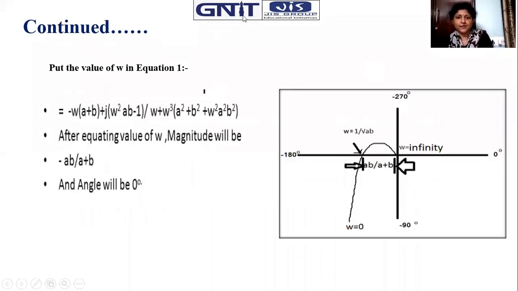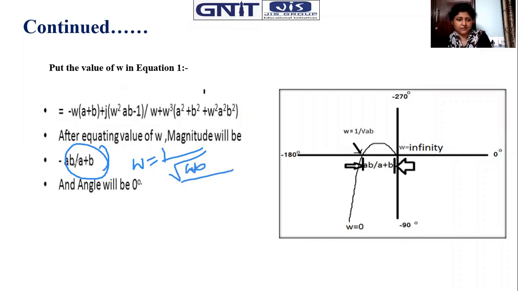So the magnitude at the particular frequency that we have derived, that is the cut with the negative real axis, at the frequency omega equal to 1 by root under AB, will be equal to AB by A plus B. It is showing the length AB divided by A plus B.